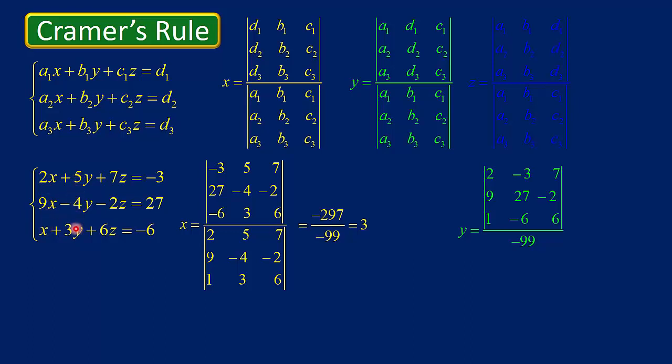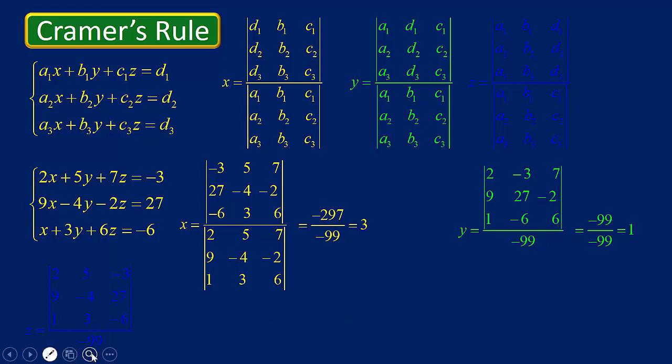However, the y's, I've replaced those with negative 3, 27, negative 6. And then the z's are the same, 7, negative 2, 6. And there we have it. We get negative 99 over negative 99. That is 1.